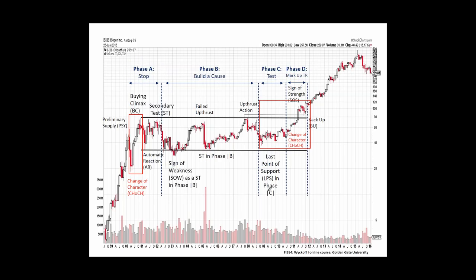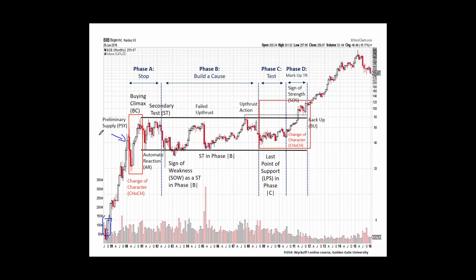Okay, let's talk about trading a little bit here. So let's say I had a position open in this uptrend, where exactly would be my exit? What are the points of exit that I could consider here? Well, anytime you see a dramatic buying climax, you could say that the preliminary supply has all the attributes of a buying climax.